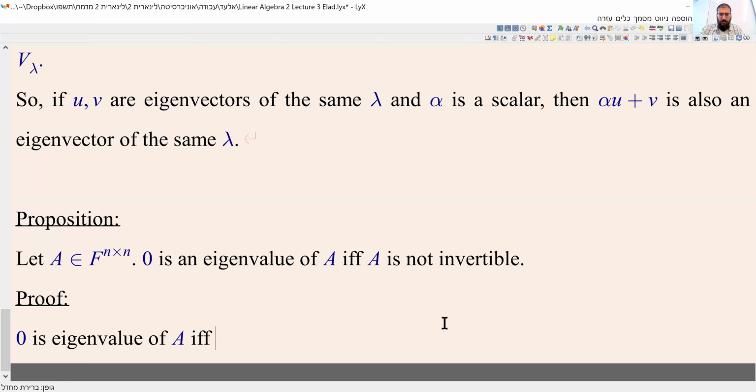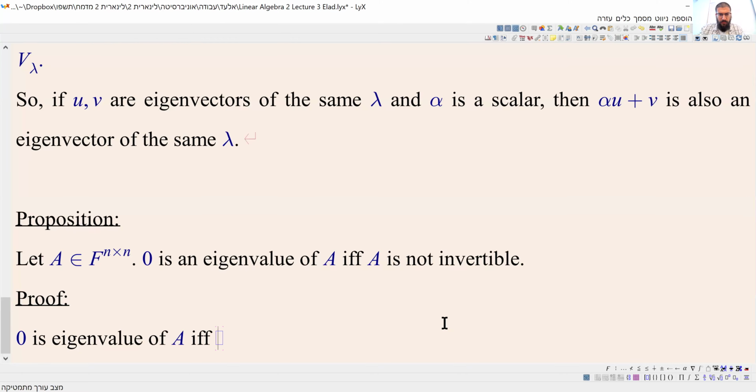So let's write it like that. If and only if 0 is a root of the characteristic polynomial. When we plug in 0 in the characteristic polynomial, we get 0.